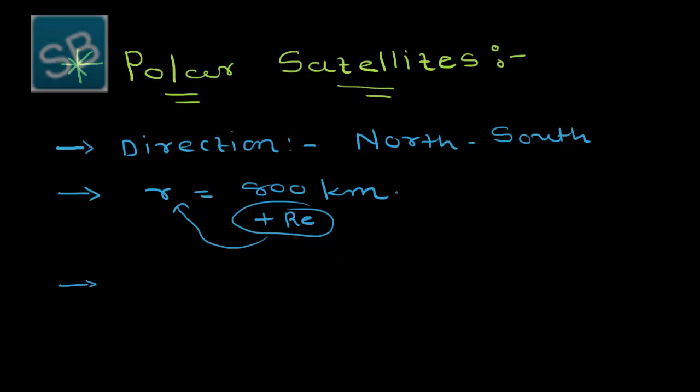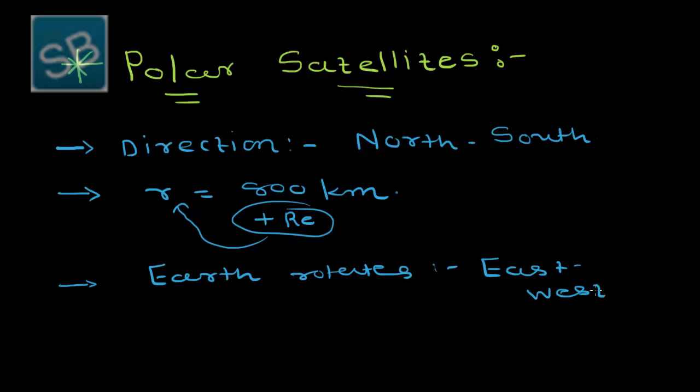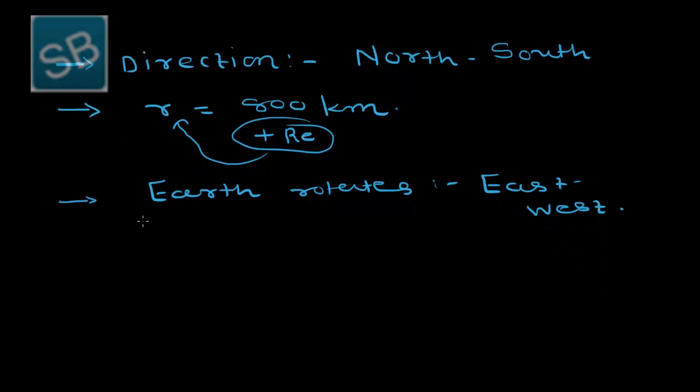Now since the earth rotates in the east-west direction, these satellites can view every section of the earth many times in a day. So this is one advantage of the polar satellite.